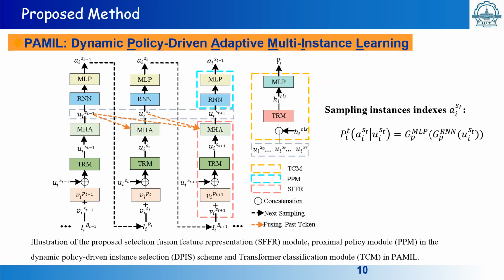To aggregate the knowledge of continuous sampling stages to promote more distinguishable features and sampling, we propose a selection fusion feature representation (SFFR) strategy and construct a dynamic policy-driven instance selection (DPIS) scheme. In addition, to avoid forgetting historical information, the class token (CLS) in the transformer is fully exploited to produce more precise bag representations and label predictions.